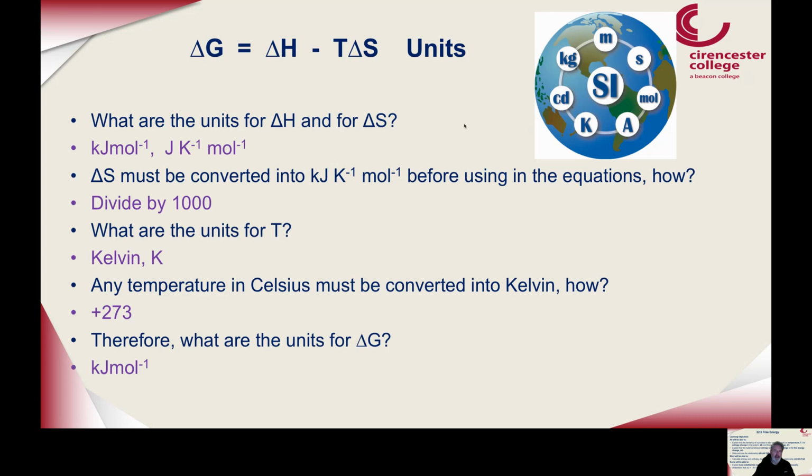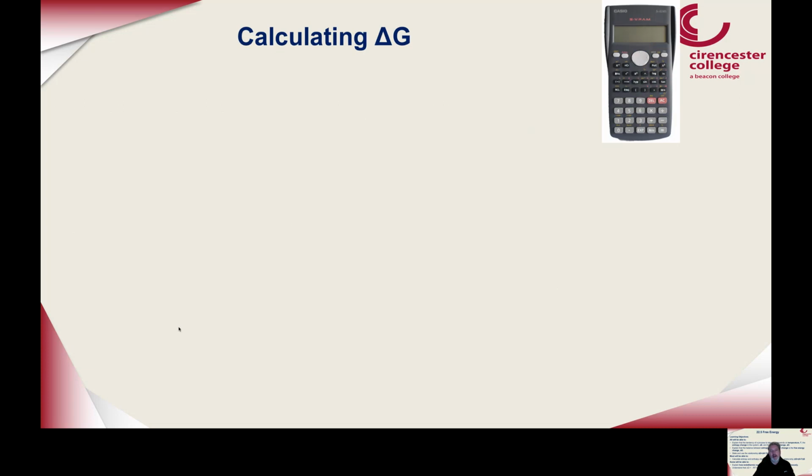Well, they're going to be kilojoules per mole, because you've got kilojoules per mole minus kilojoules per mole per Kelvin on delta S. Kelvin times per Kelvin gives you no Kelvins. So that also ends up being in kilojoules per mole. Therefore, the units of delta G are kilojoules per mole. So calculating it, here's an example.